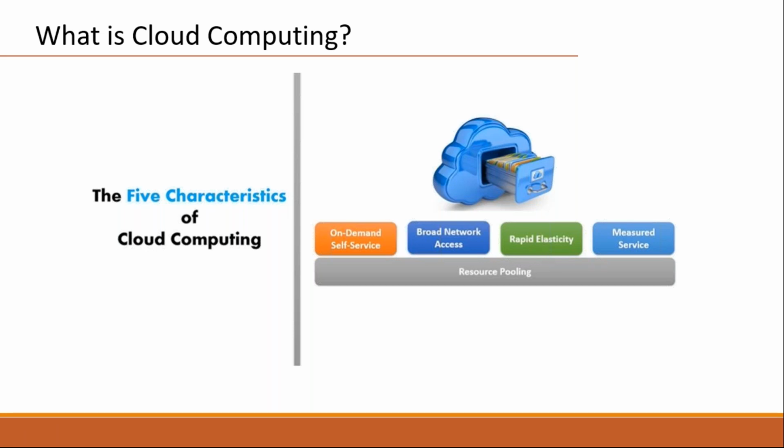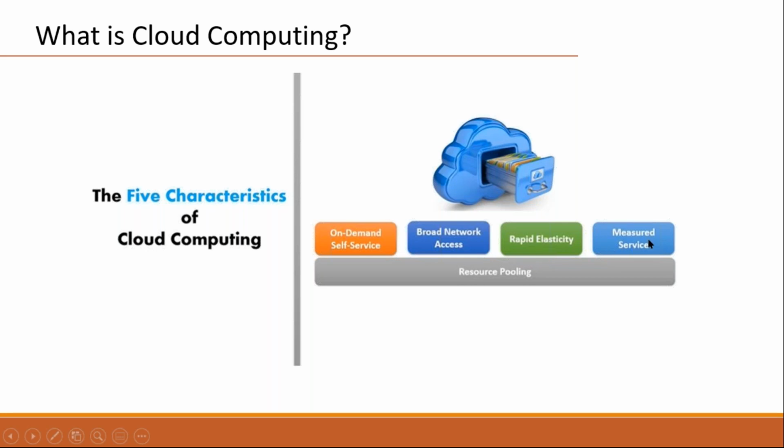We can scale up and scale down at any time. Today we have one server with 32 GB RAM; we can increase it up to 64 GB RAM, and after some days decrease it back to 32 GB RAM. That is rapid elasticity.